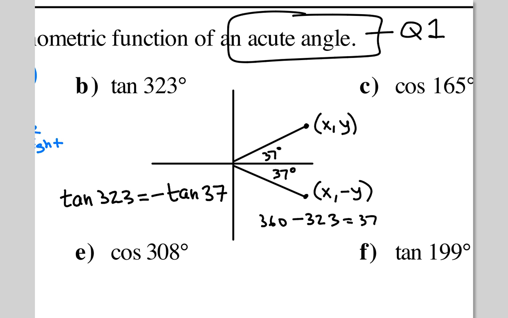In this case, the y over x is positive, this one's negative, so they're equivalent just up to a sign. So go ahead in your calculator, in degree mode, make sure degree mode, hit tan 37. And then hit tan 323. And they should be the exact same ratio, but one's positive and the other is negative. Okay? So, boom.